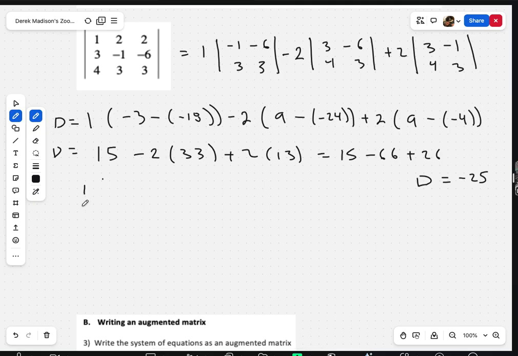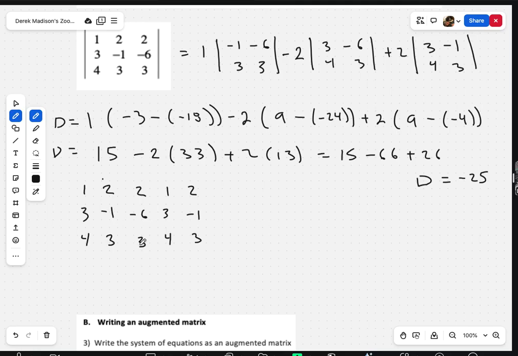So this would be 1, 3, 4, 2, negative 1, 3, 2, negative 6, 3, and then I repeat this one, 1, 3, and 4. I repeat that one, 2, negative 1, and 3. And then, for this first round, we're going to go down the first three diagonals, which is how many there are.